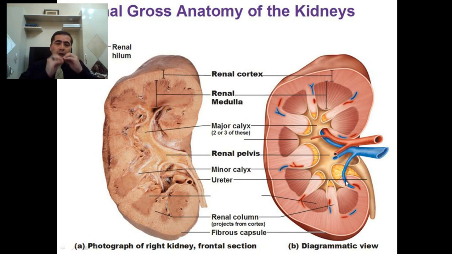First of all, what does renal pelvis mean? Please look at this; both pictures are useful from this point of view. I explained to you the hilum renalis, which extends into the renal sinus, and the renal sinus is occupied by the renal pelvis and also some amount of fat tissue.